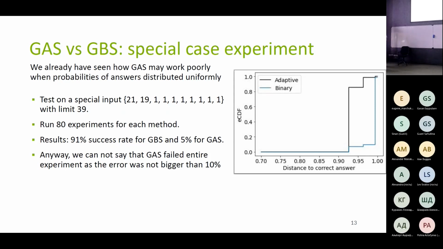So in such an experiment, the success rate for our algorithm was 91% against only 5% for the traditional one. But if we are interested only in some approximation, for both of them, the mistake wasn't greater than 10%.